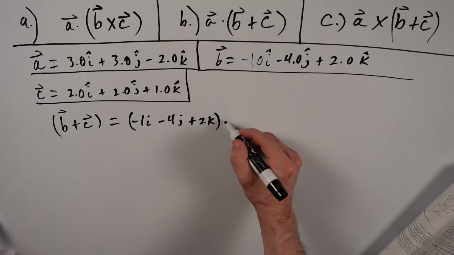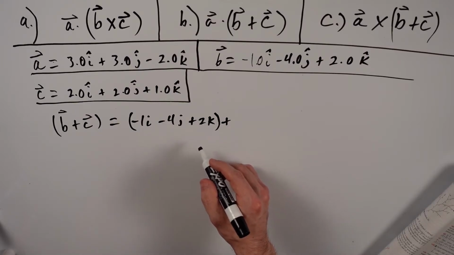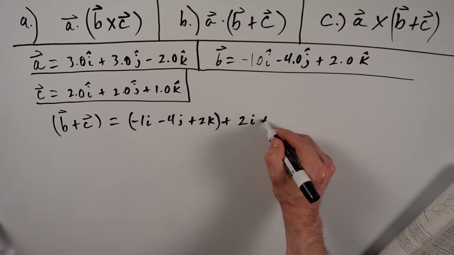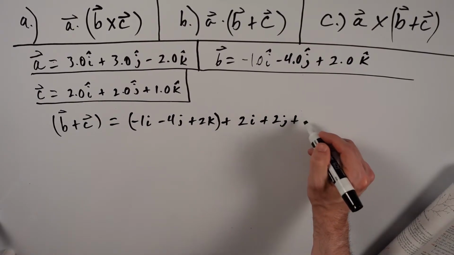And then of course it's just plus. So we are adding C, which is over here. So you have 2I plus 2J plus 1K.